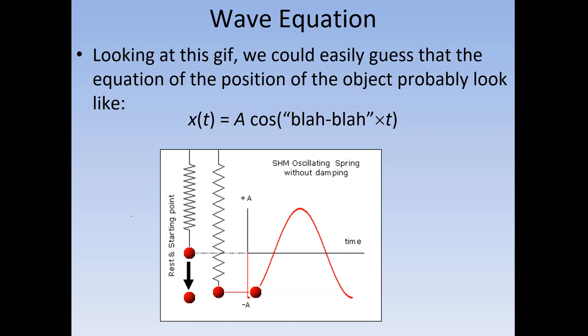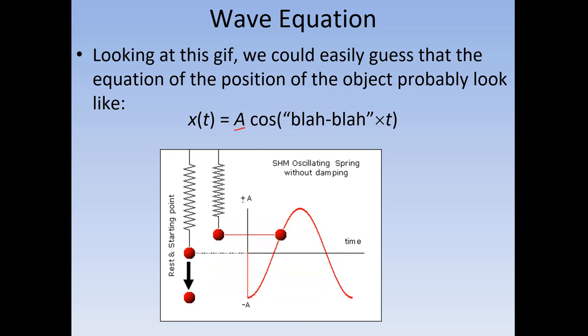So if my position graph is going to have to start and peak at some amplitude value, that means I'm going to have to multiply the cosine by this max value amplitude. So right off the bat, I can already see that my position graph should have this sort of structure: A cosine blah blah times t. The A, so that we max out at the amplitude values like we're supposed to.